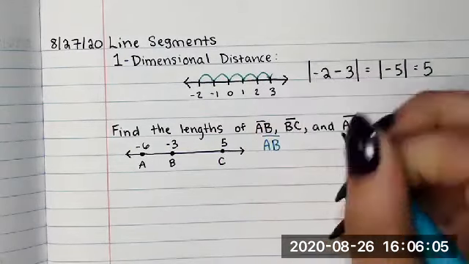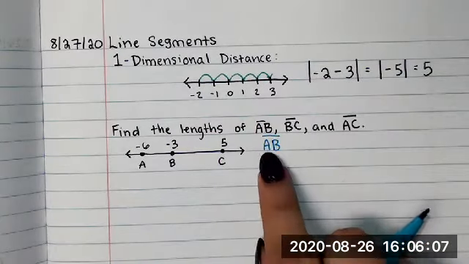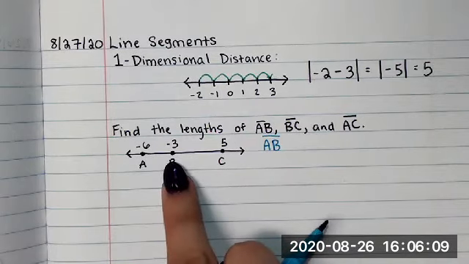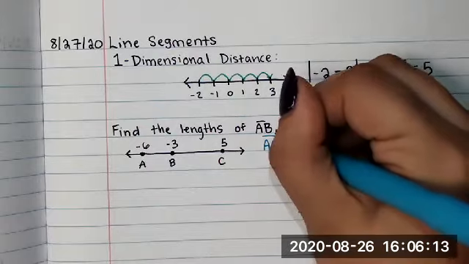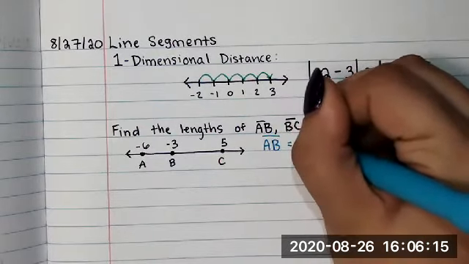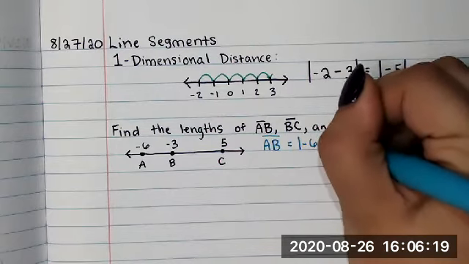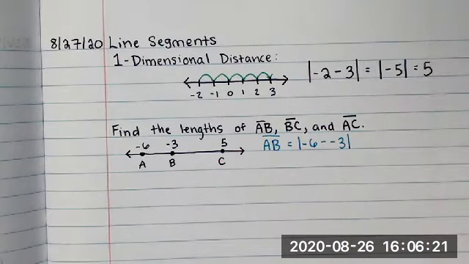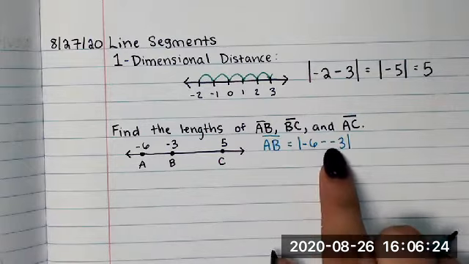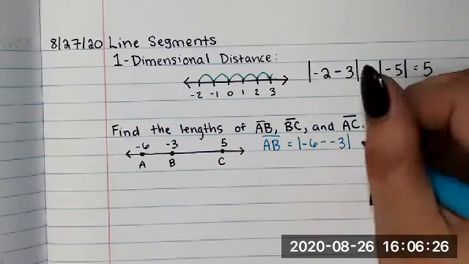So for line segment AB, finding the length means finding the distance between -6 and -3. And if we want to be super technical, we can do -6 minus -3 in absolute value marks. The double negative will turn into a positive.